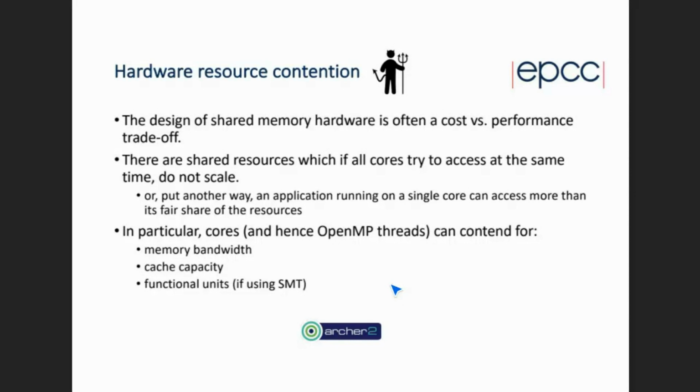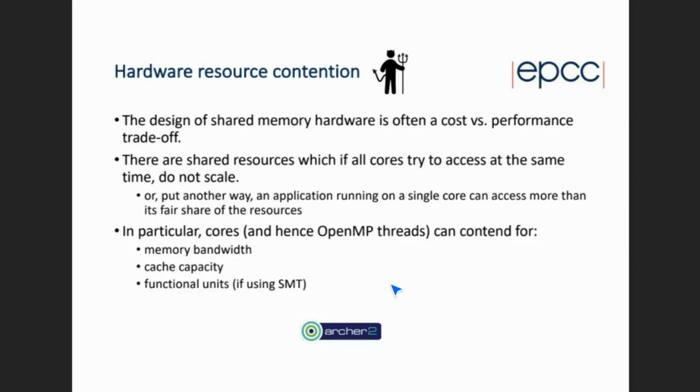In particular, what resources are we talking about here? Well, in cores and OpenMP threads, particularly memory bandwidth, so access to main memory, and also bandwidth to shared levels of caches. Typically your level 3 cache will be shared between some number of cores, so you can also contend for level 3 bandwidth.